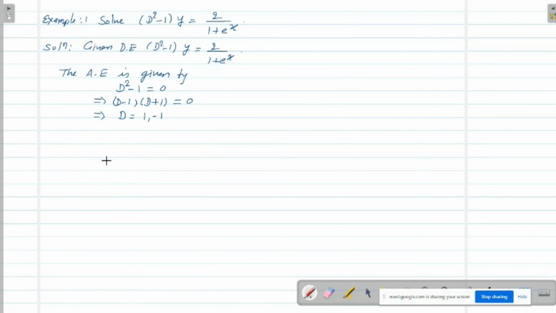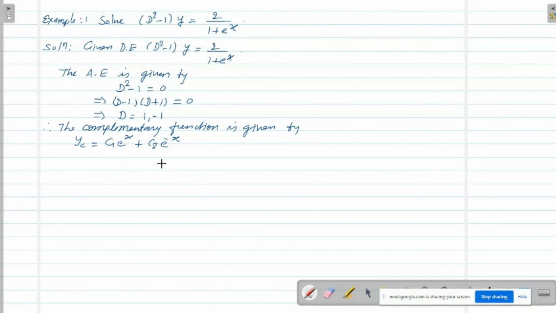So therefore the complementary function is given by yc equal to, since the roots are distinct, c1 e raised to x plus c2 e raised to minus x.